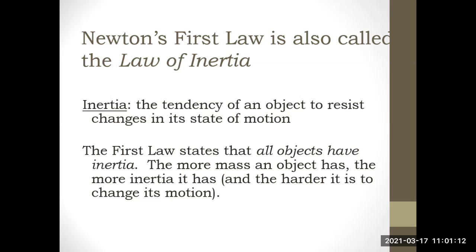It is not ready to change its position, so its inertia will be more. Why? Because it is resisting in a high amount to change its state of motion, right? Hence the more mass an object has, the more inertia it has, and the harder it is to change its motion. It will be very hard to change its motion.